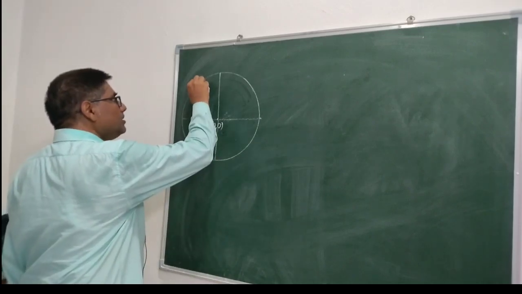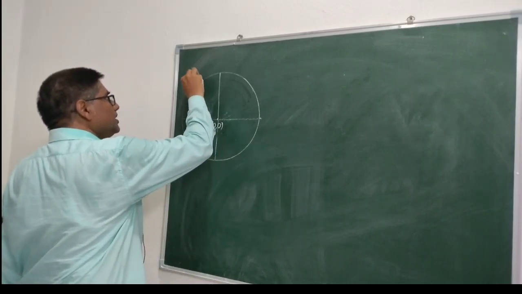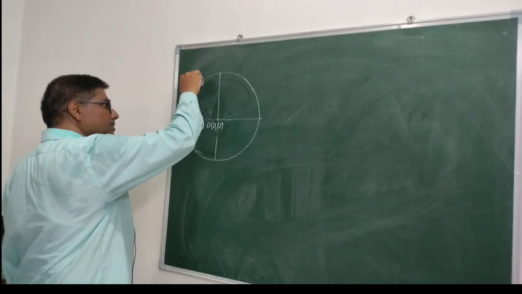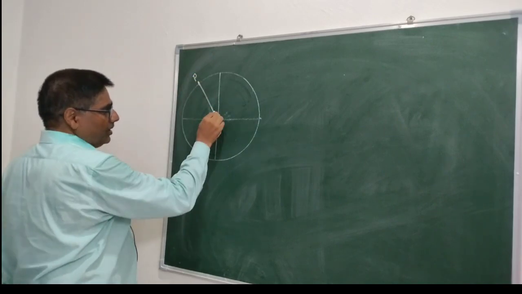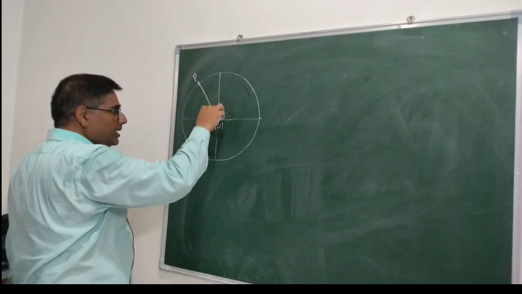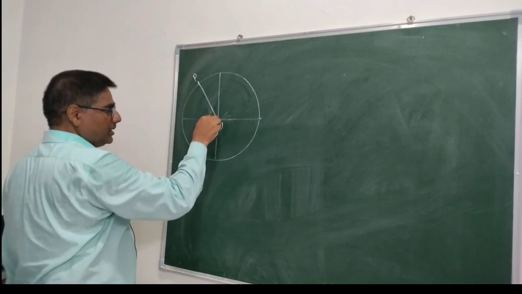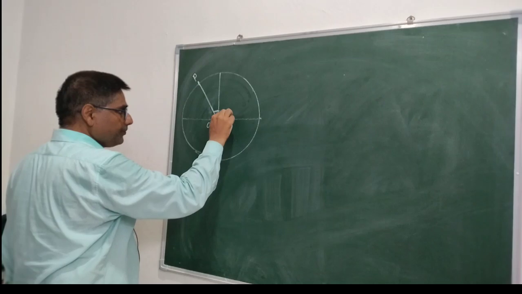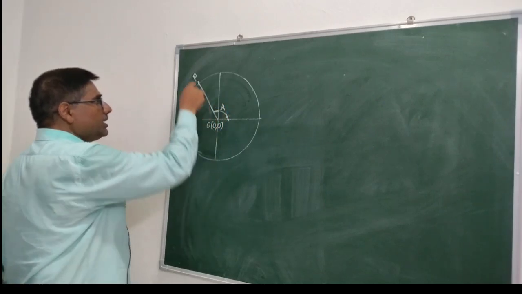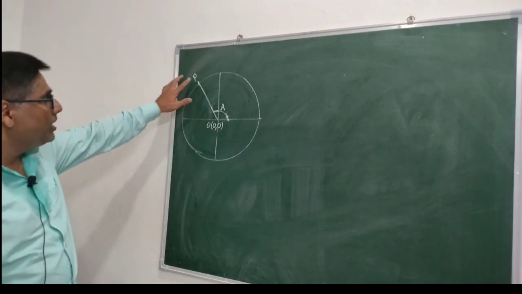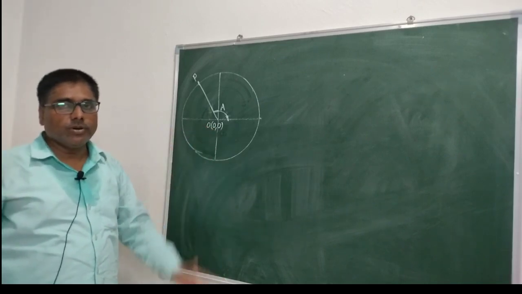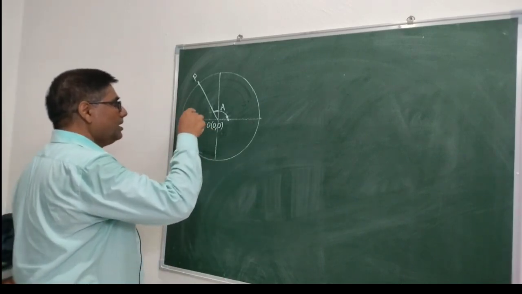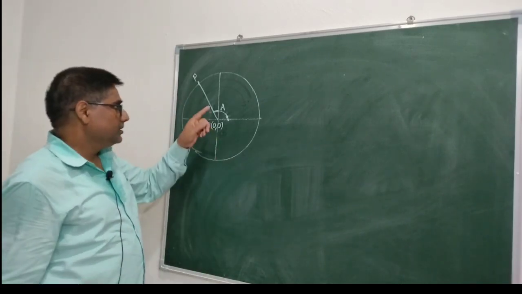Let's take one point on this circle. Say this point is P. Let's join this point with O. The angle made by this line, that is PO, is say A. Now we can easily write the coordinates of this point P in polar coordinates, that is r cos theta, r sin theta.